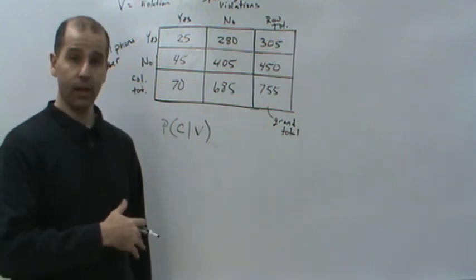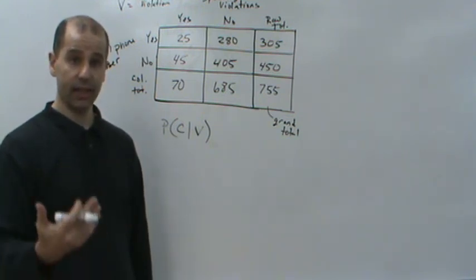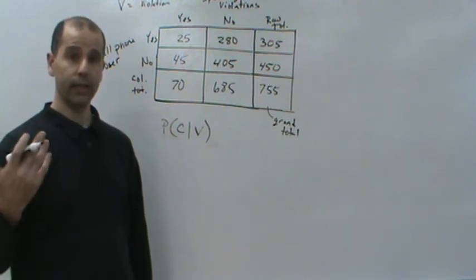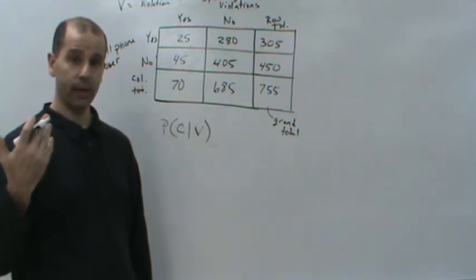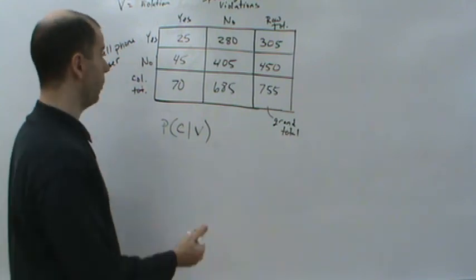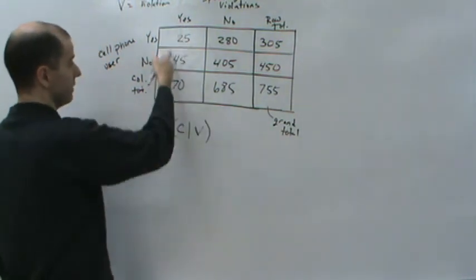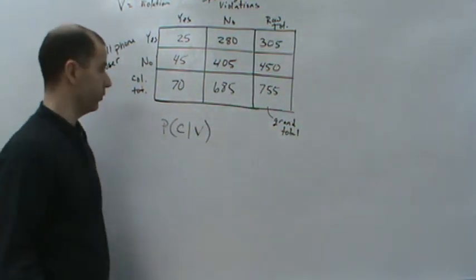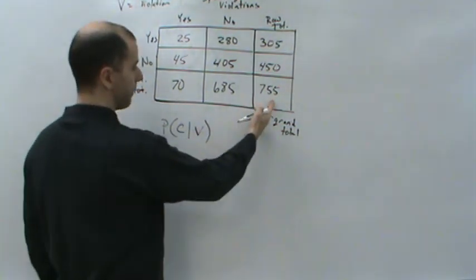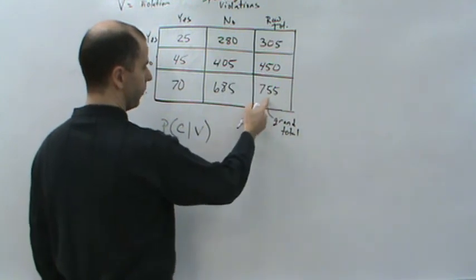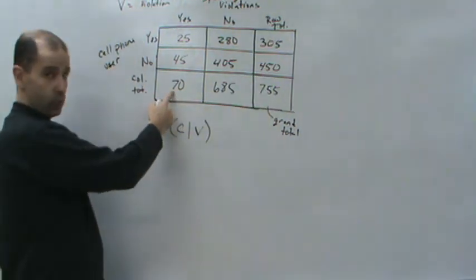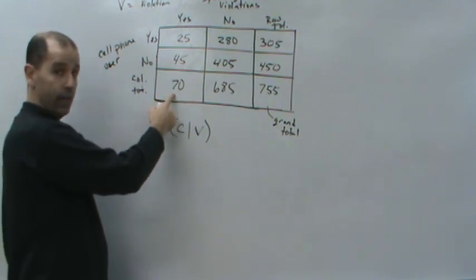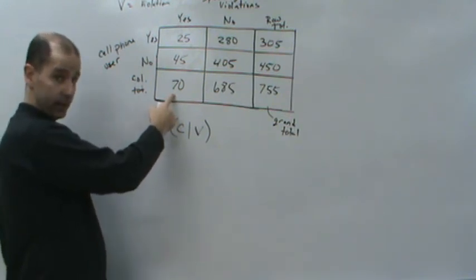So that means I'm only interested in the group of people who have been involved in a speeding violation. So I'm only interested in this column. Everything else on the table you can ignore. So now my sample size decreases from 755 to the new total, which is just the group of people who have had a speeding violation.